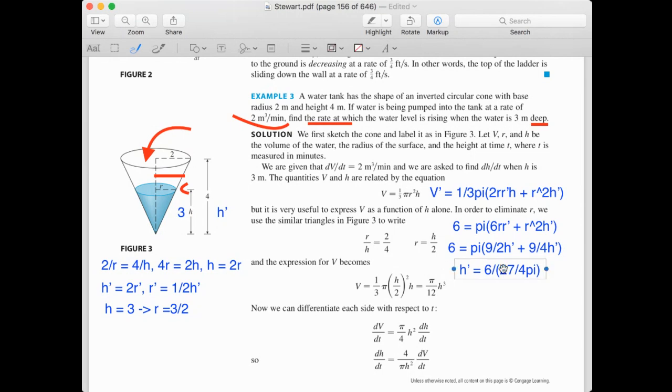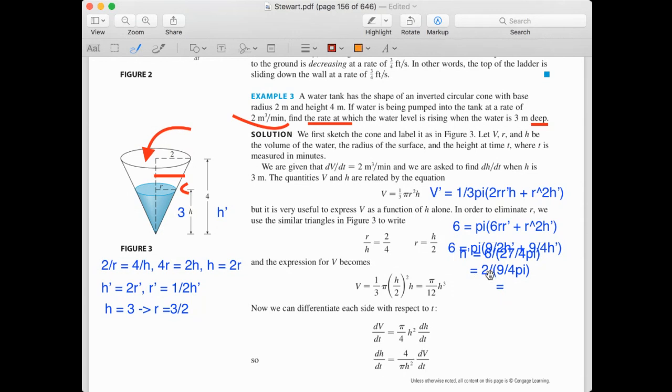We'll simplify this a little bit. So we get 6 times, well, let's divide by 3 first, right? Divided by 3, we get 2 over 27 divided by 3, 9 over 4 pi.